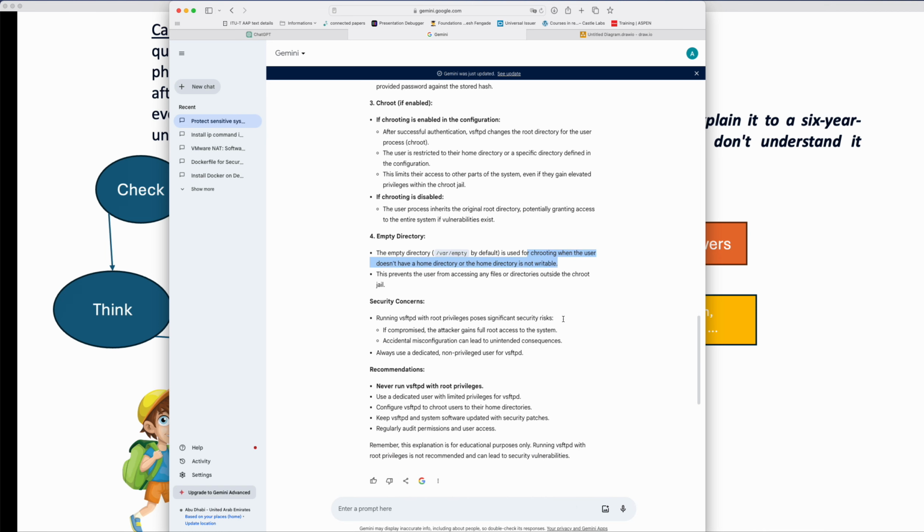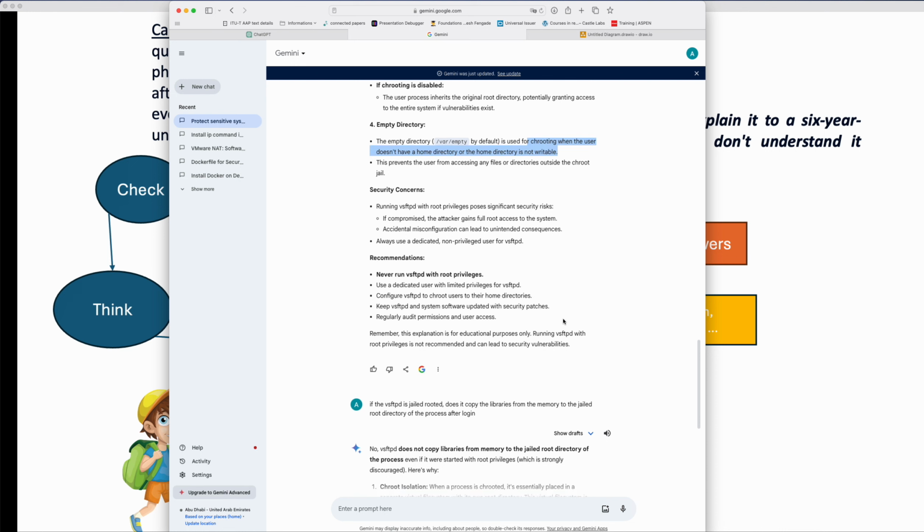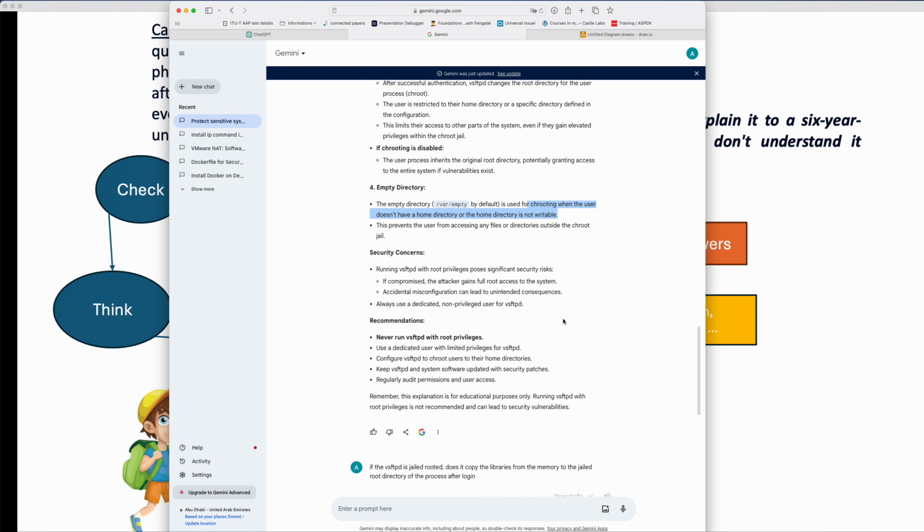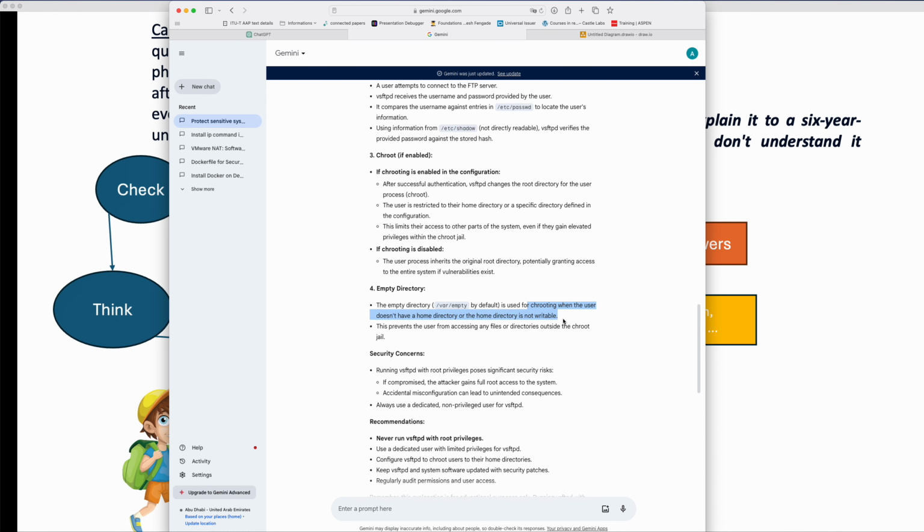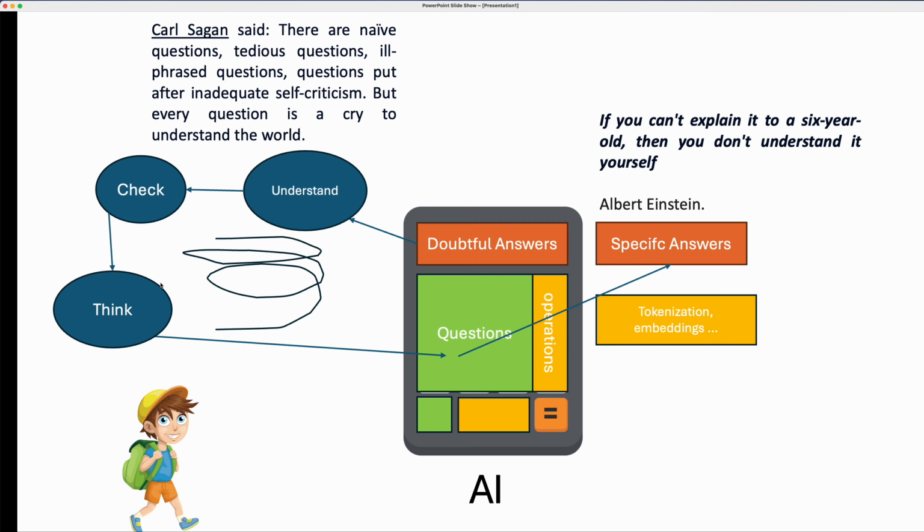So as you see, what I did is a lot of interaction with the AI tool. I asked many naive questions, many tedious questions.